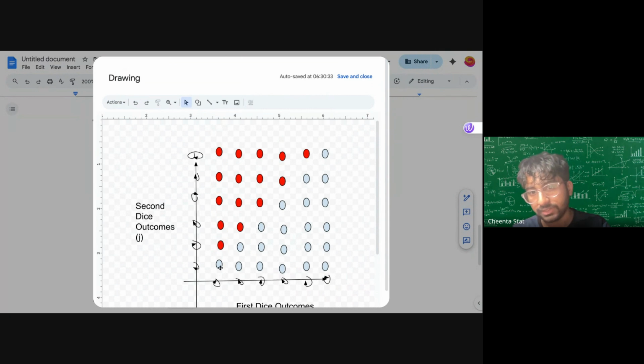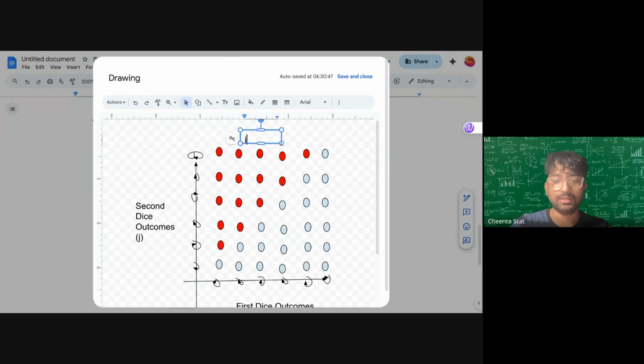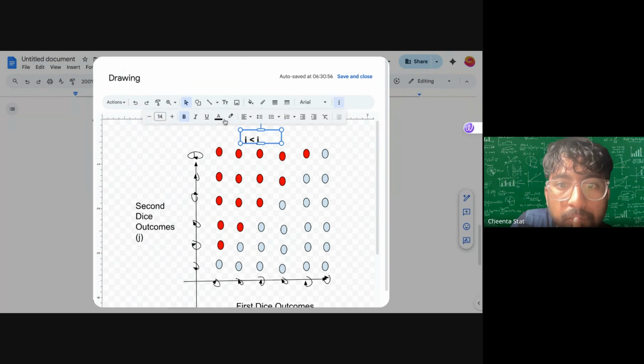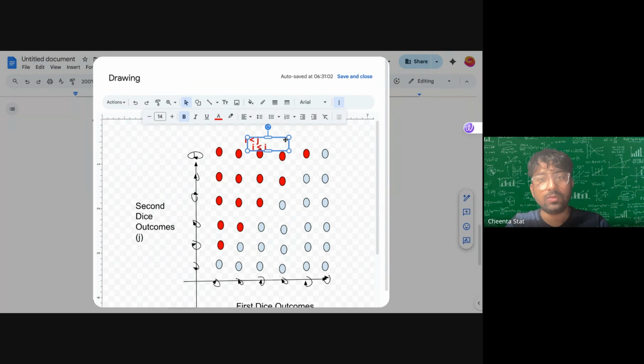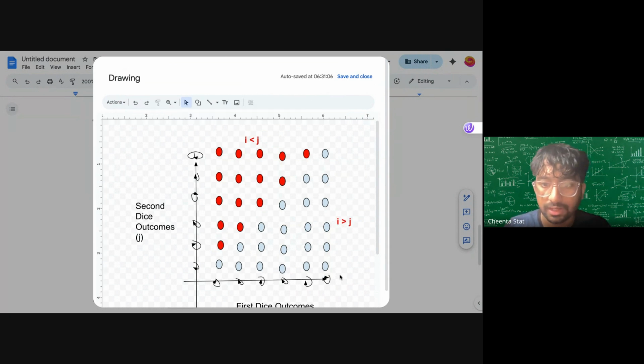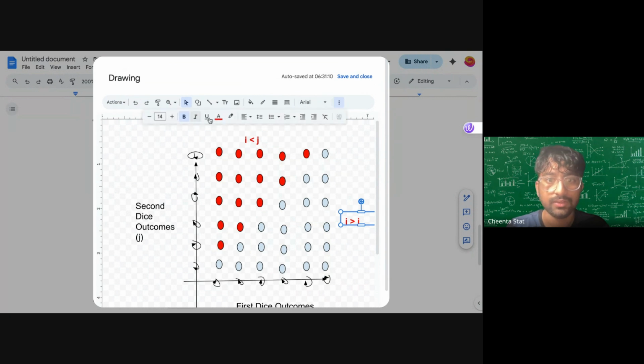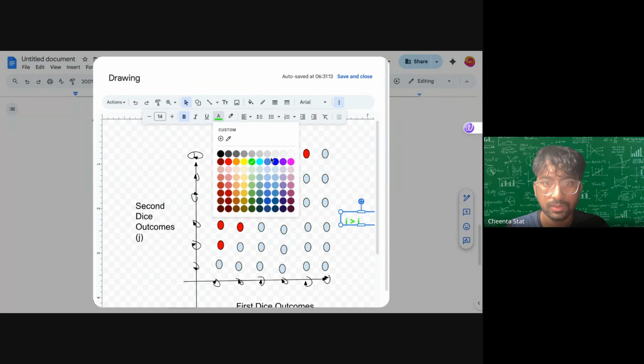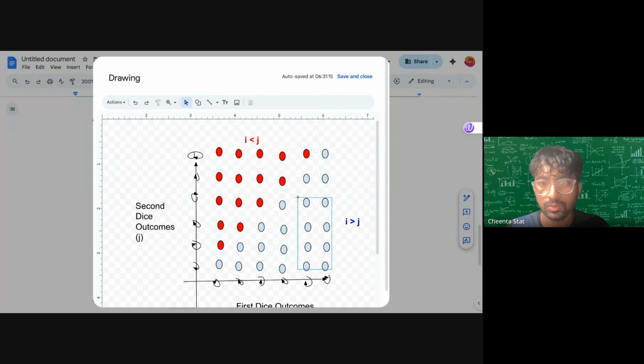This line is y equal to x, and this is j greater than i. So you can say that this is i less than j. We'll do another one, i greater than j. I hope you understand how to get i greater than j now. We will make it green or maybe blue. This is i greater than j, the lower half triangle, right?